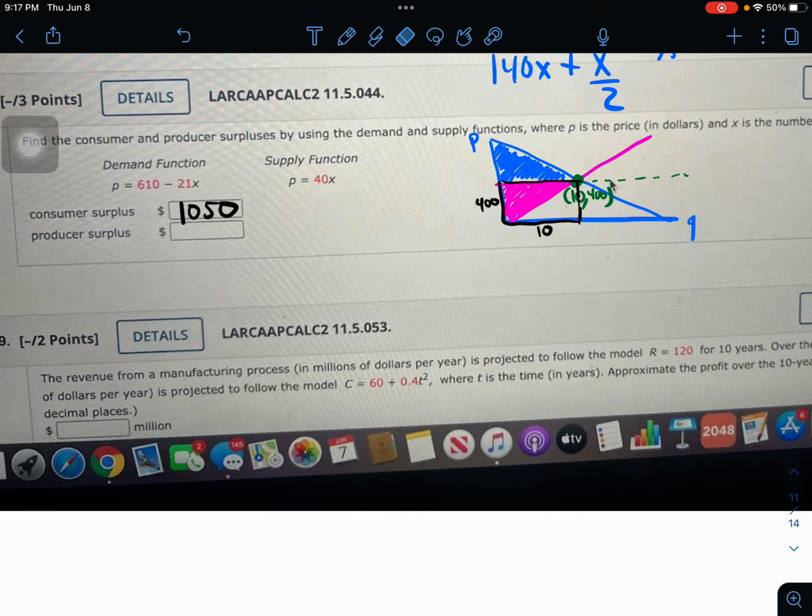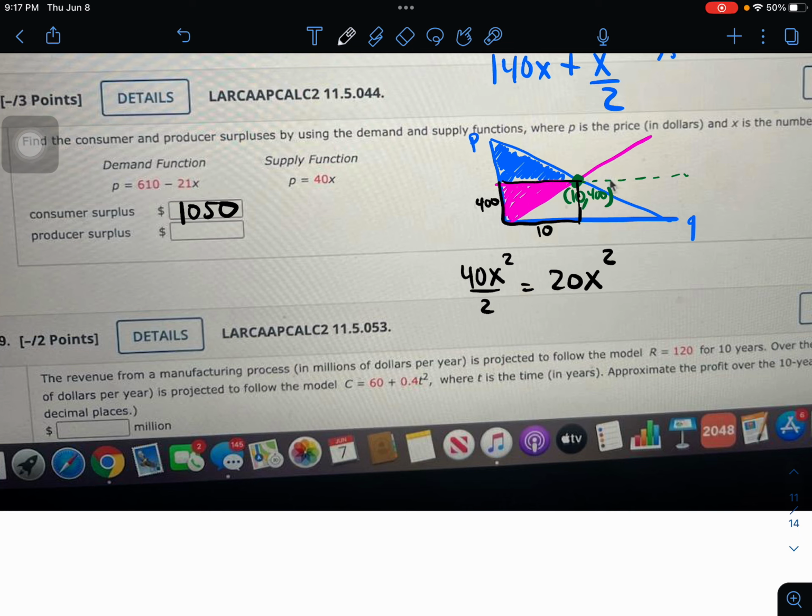Okay. Now I'm going to find my producer surplus. And it's going to be the exact same steps as the problem I did in the last video, problem 7. I'm first going to take this integral. I'm going to take the integral of 40x. The integral of 40x is 40x squared divided by 2. 40 divided by 2 is 20, so it's 20x squared.